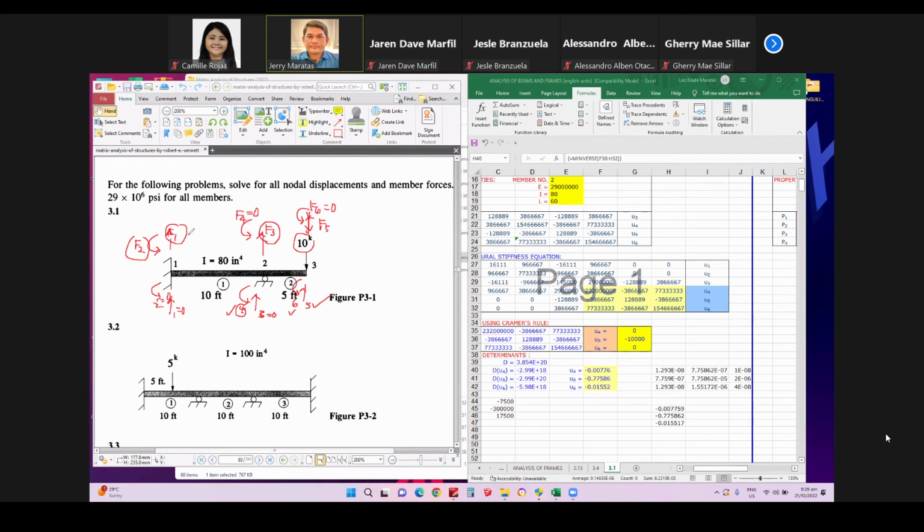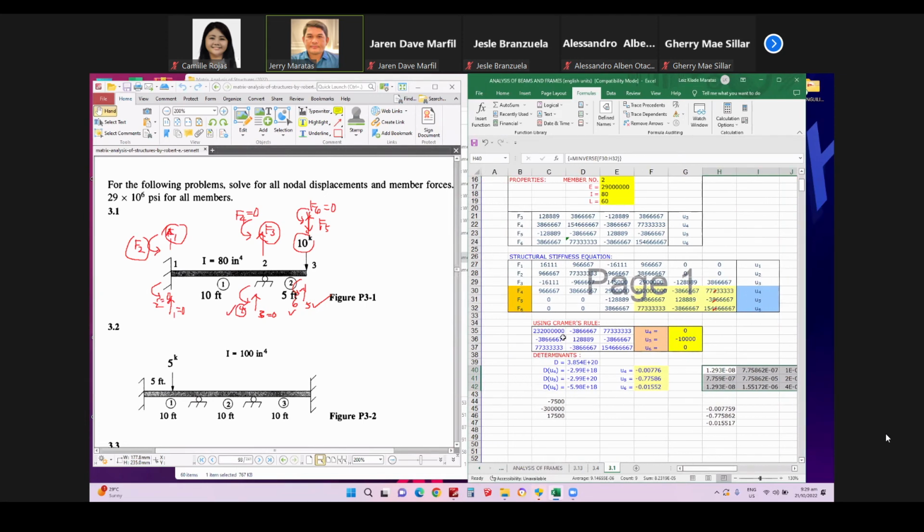Now, F3, F1, and F2, these are the reactions. You can solve these once you have the displacements. Once you have U4, U5, U6, you substitute them. You substitute F4 as 0, and F5 is negative.